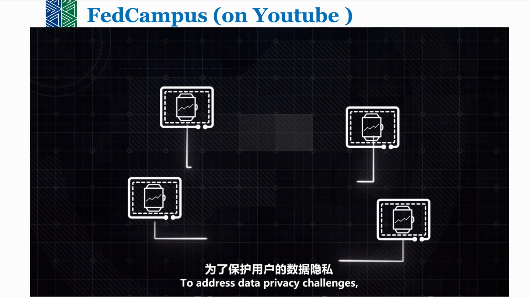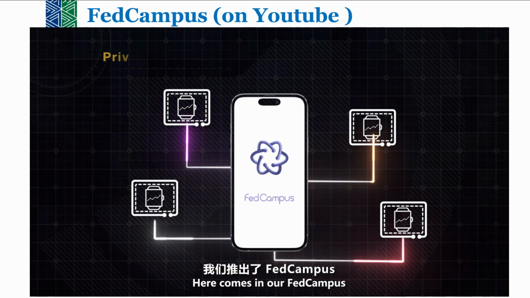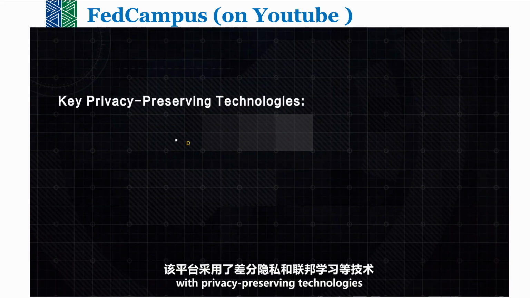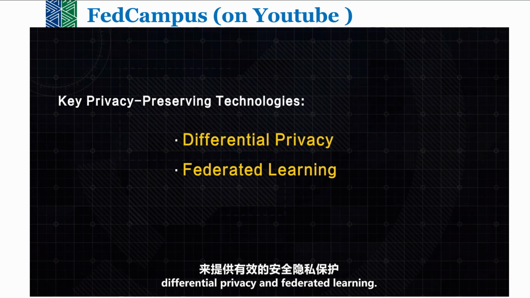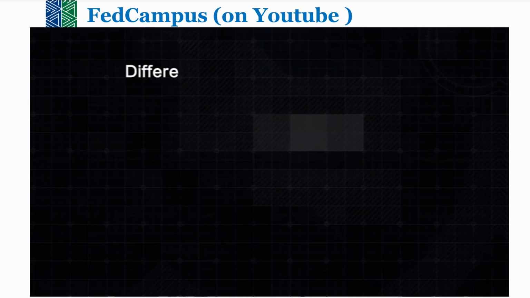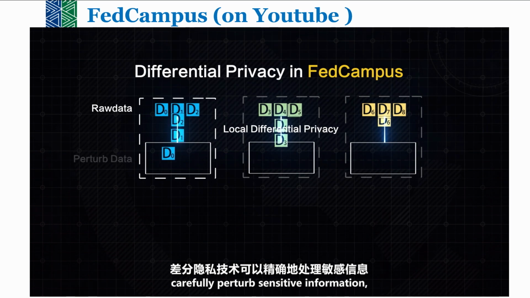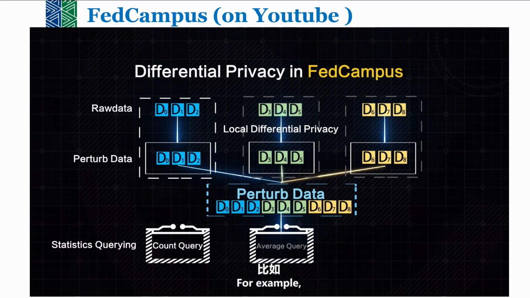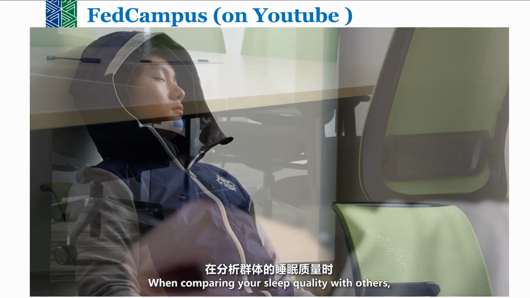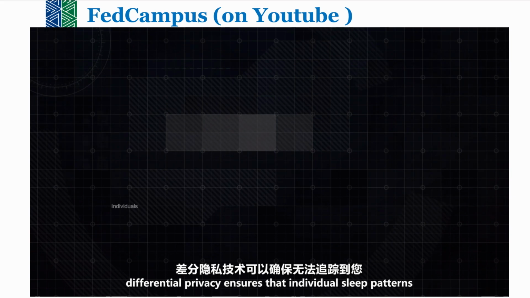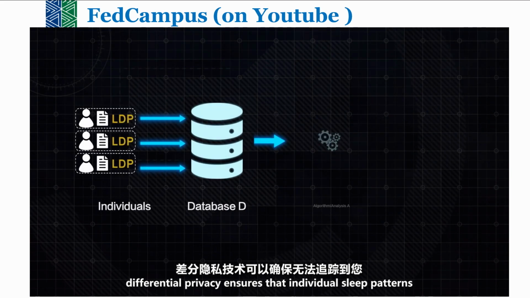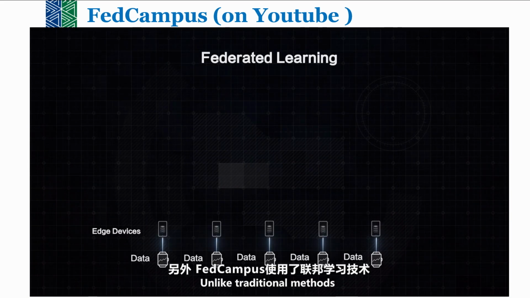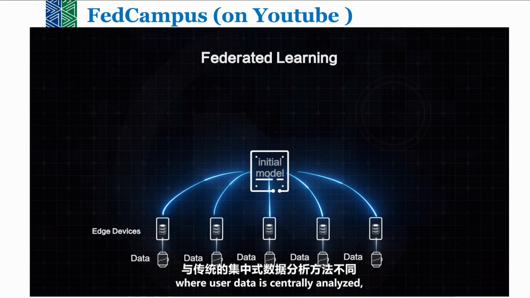To address data privacy challenges, here comes FedCampus, a privacy-preserving data platform, a smart DKU. With privacy-preserving technologies, differential privacy and federated learning. Differential privacy carefully perturbs sensitive information while providing valuable statistical trends. For example, when comparing your sleep quality with others, differential privacy ensures that individual sleep patterns cannot be traced back to a specific user, unlike traditional methods where user data is centrally analyzed.